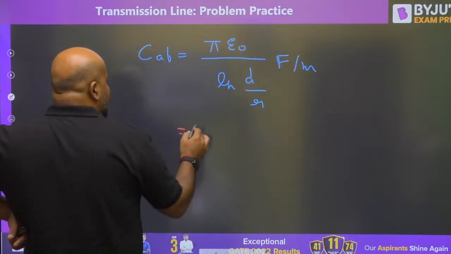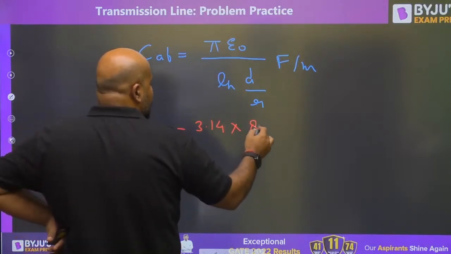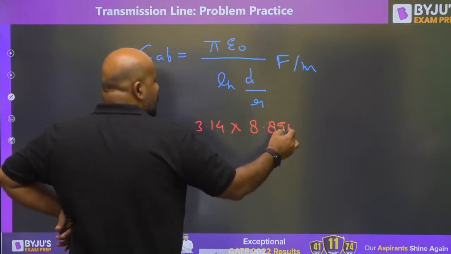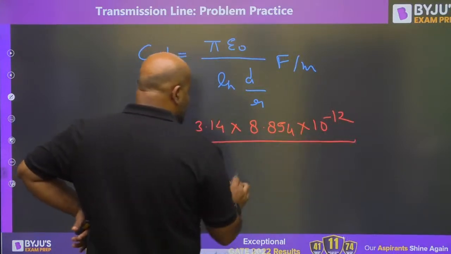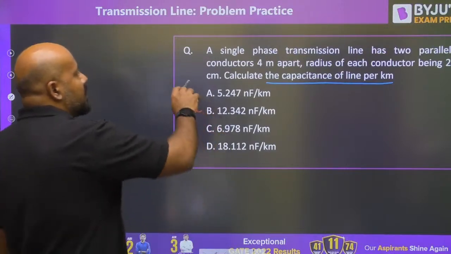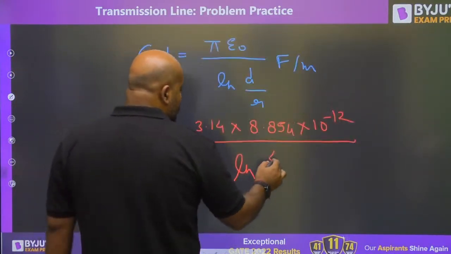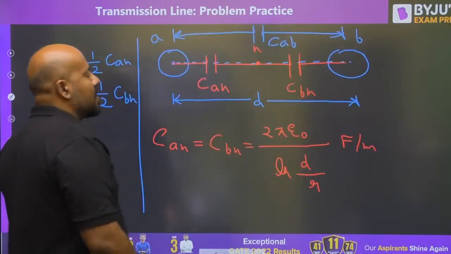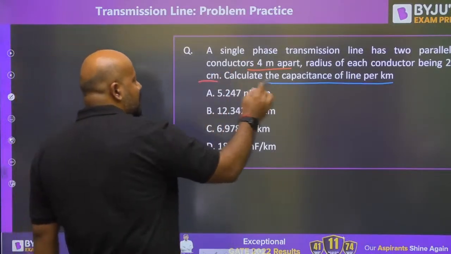What is the value of pi? It is 3.14. What is the value of epsilon naught? It is 8.854 times 10 to the power minus 12. This is ln. What is the d value? The distance between the conductors is given as 4 meter. So this is going to be 4. What is the individual conductor radius? The individual conductor radius is given as 2 centimeters.